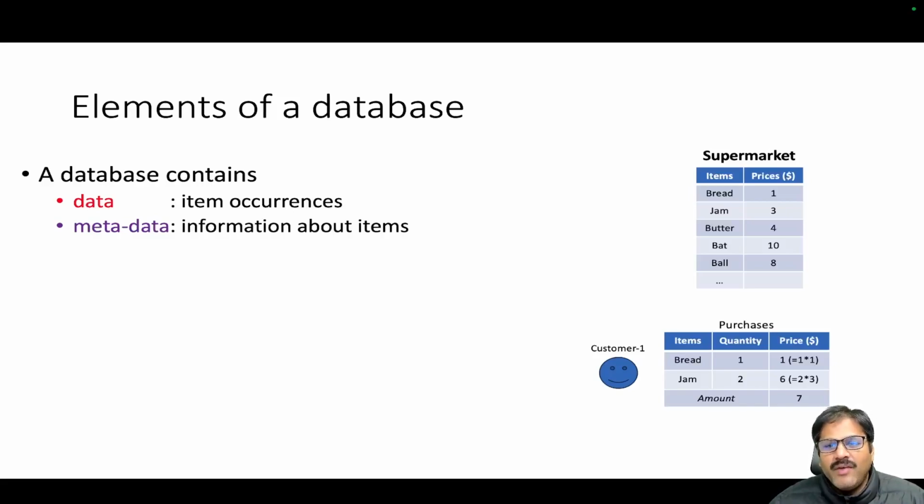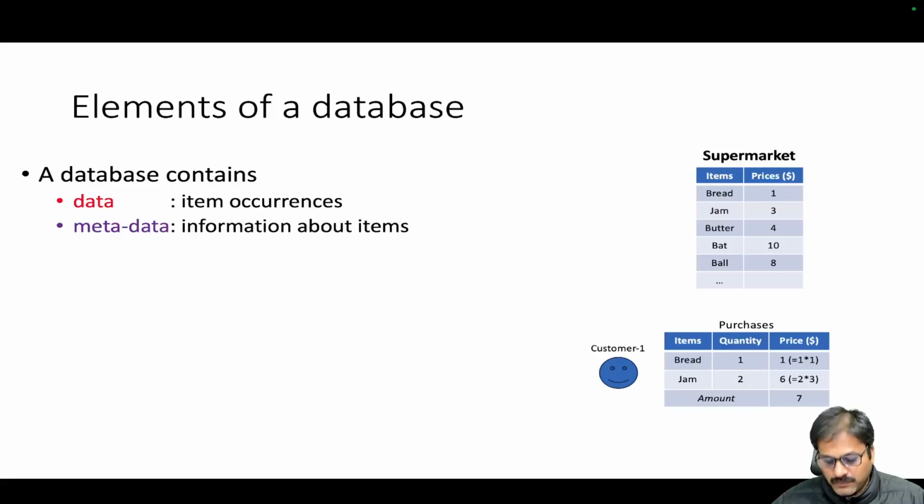Suppose we have a supermarket which is selling some items, like bread, jam and so on, and each item has its price. Now, say customer 1 has visited the supermarket and purchased one bread and two jam bottles. When he is going out of the supermarket, he will pay the amount of $7.